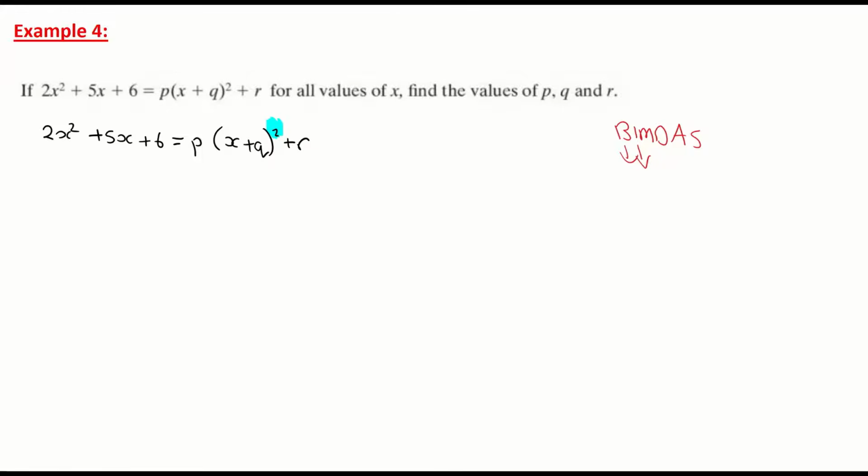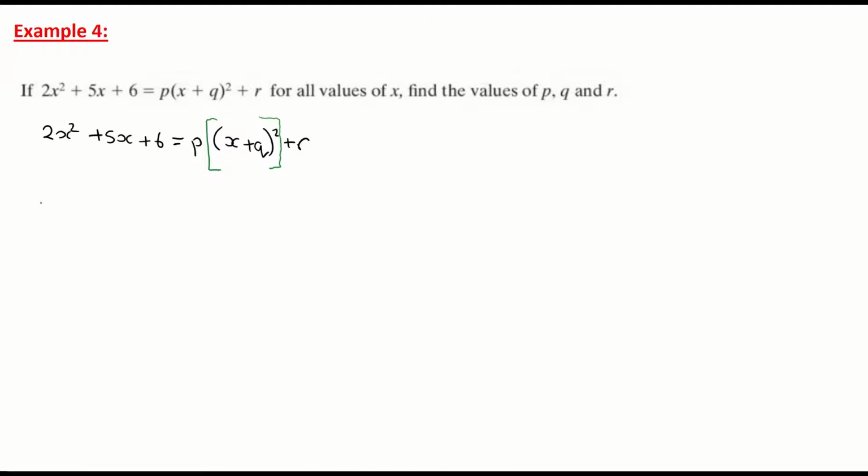So what I would do in that example is I would bring in my own brackets here, and I'd put a square bracket or another curled bracket around the x plus q all squared. So I'm going to do that section first of all, and then multiply my answer by the p. Okay, so bring in those extra set of brackets if needs be.